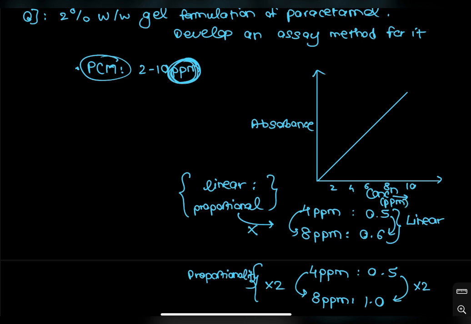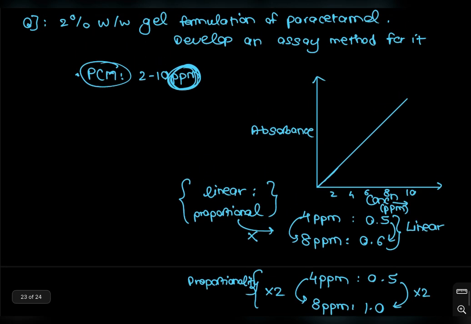If the drug is paracetamol, this is the kind of graph we expect, because as the concentration increases, the absorbance increases proportionately and it also has linearity.